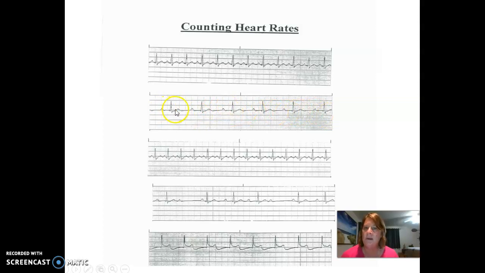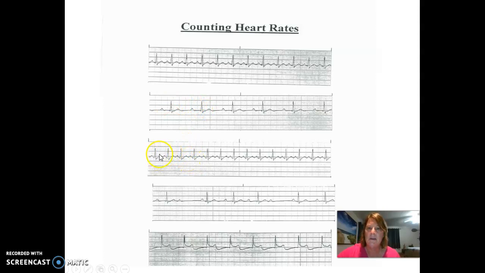I have one P wave to one QRS, but notice that the time lag from my P wave to the QRS is extended. When we start learning about what it means to have prolonged PR intervals, it's one of the reasons I'm telling you, if you don't measure your intervals, sometimes you can miss other things that are happening to the heart.